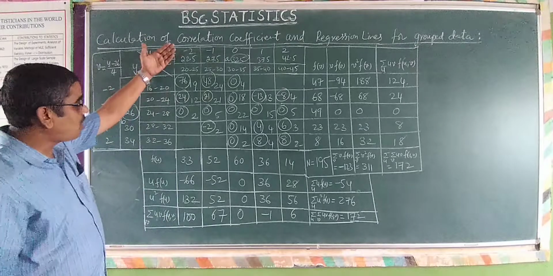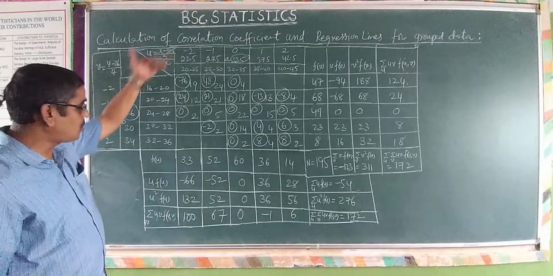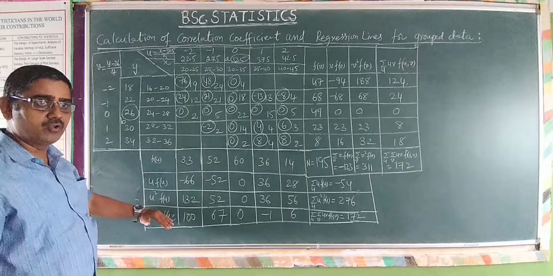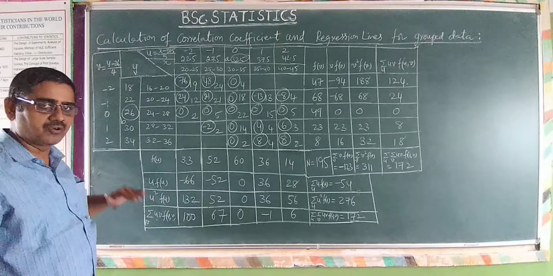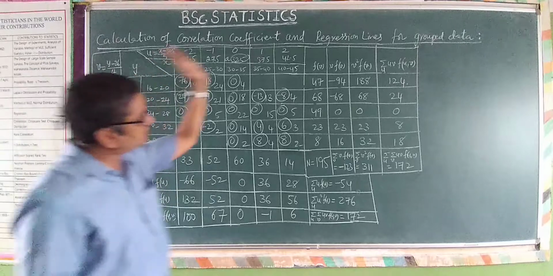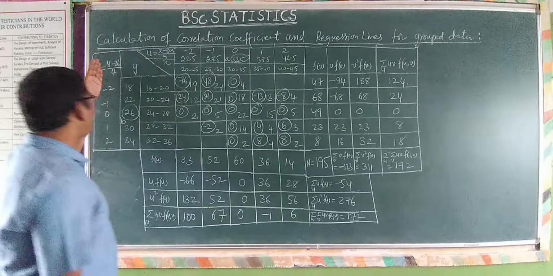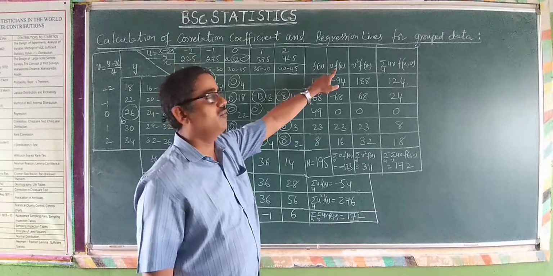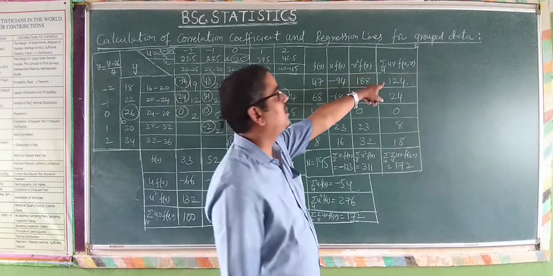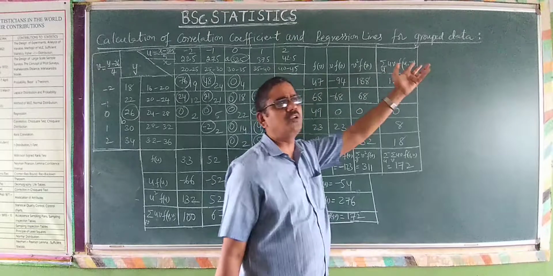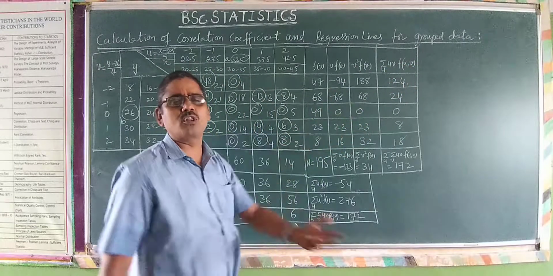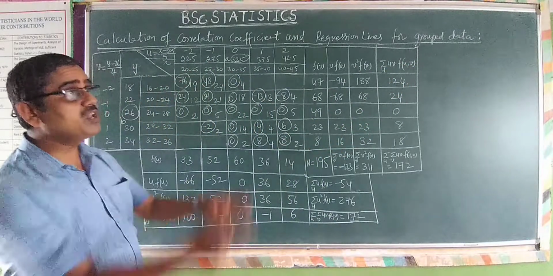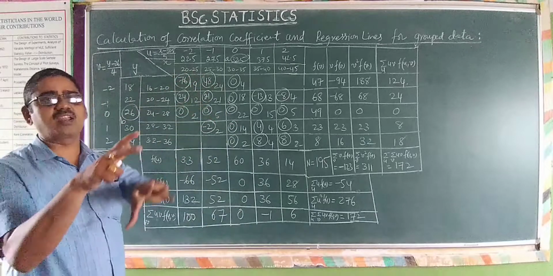Against u you consider f of u, u f of u, u square f of u, etc. And against v you consider f of v, v f of v, v square f of v, etc. The uv f of uv values are there as well, as I explained very clearly.